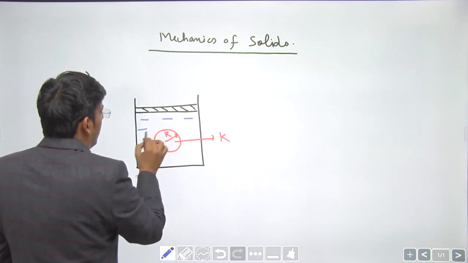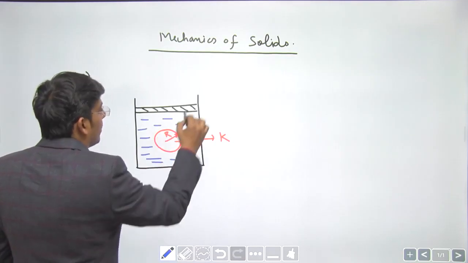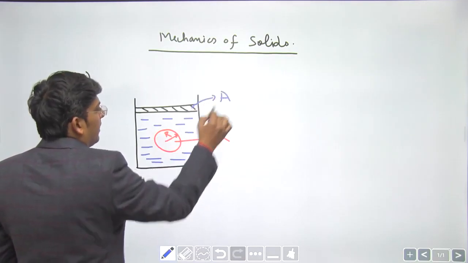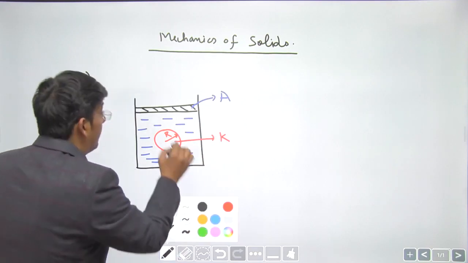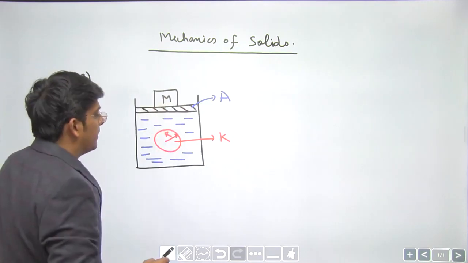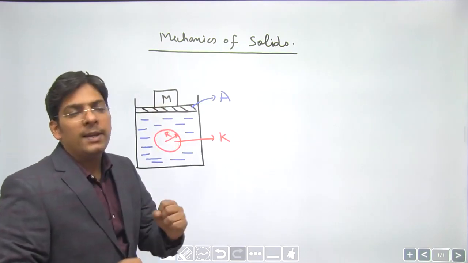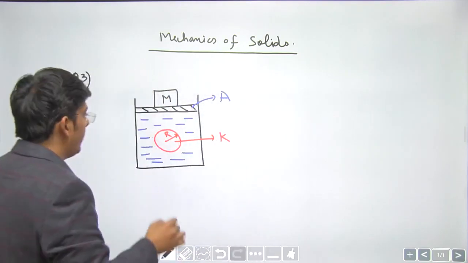The area of cross section of the piston is A. So the question is, when we place a block of mass capital M over the piston, obviously the ball will get compressed. You are asked to calculate the fractional change in radius.